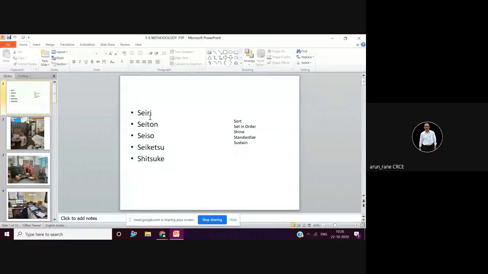A short note may be asked on 5S, either in question number 1 or in question number 6, most likely in question number 6. This is one of the tools in lean manufacturing.